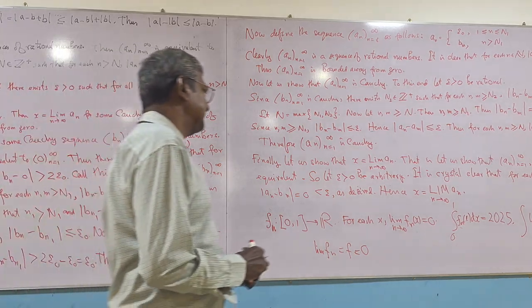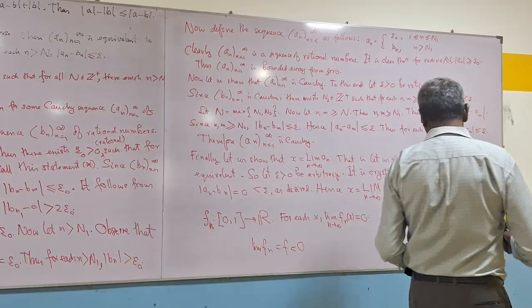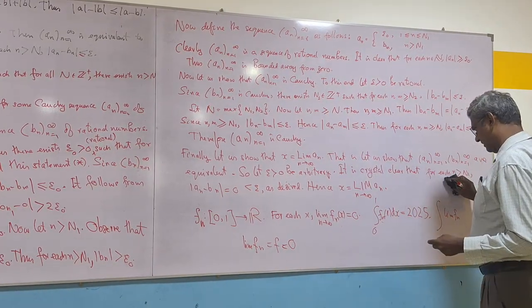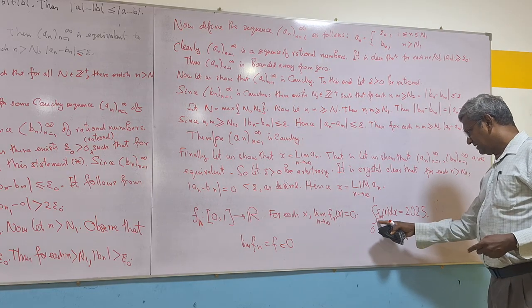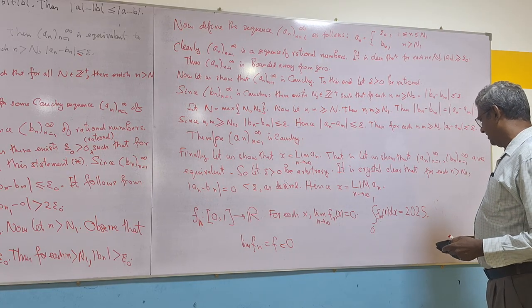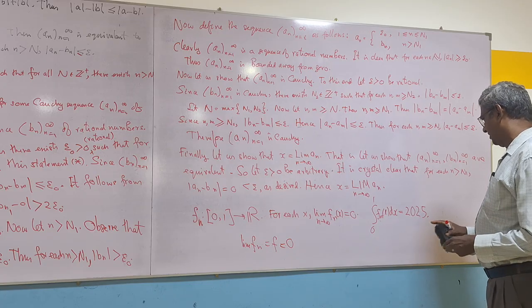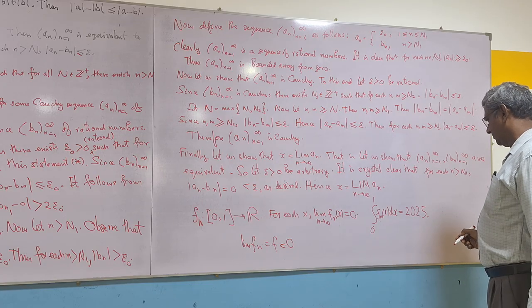If you integrate any f_n(x), the integral is 2025.